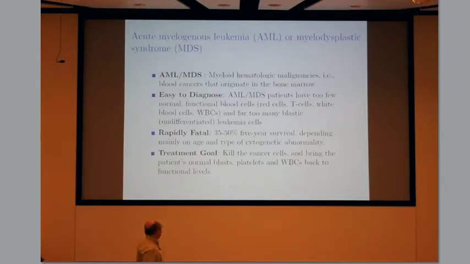So, background of AML. What is AML? AML is, I guess I'll stick to my script over here, including myelodysplastic syndrome, and I'll explain why in a moment. AML and MDS is a class of myeloid hematologic malignancies, essentially blood cancers or leukemias, that originate in the bone marrow.